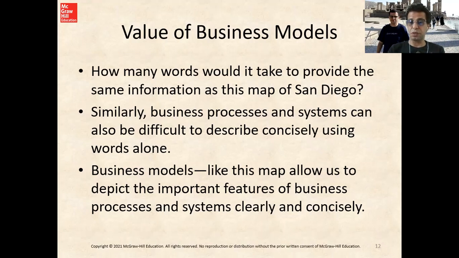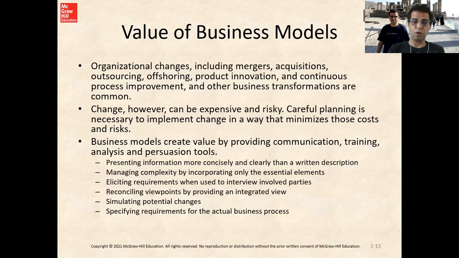This is where the business model comes in. It's like a map allowing us to depict the important features of the business processes clearly and concisely. There are certain signs and ways of reading these business models, which save you so much writing also. We'll talk about these.